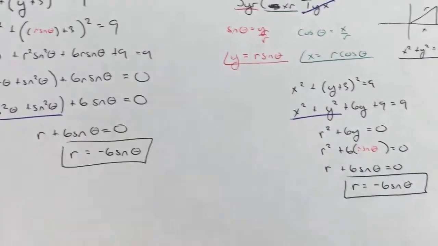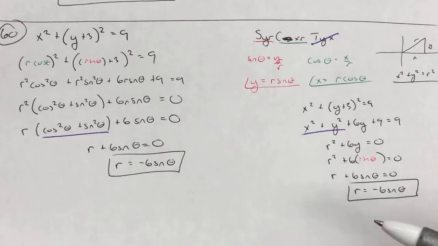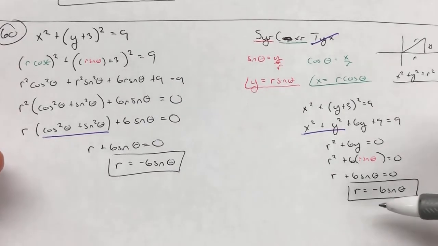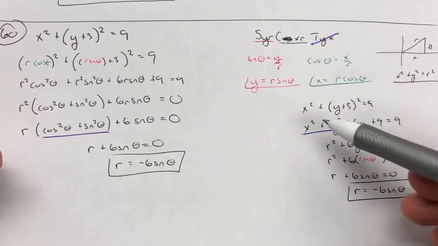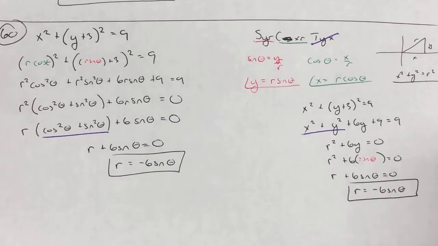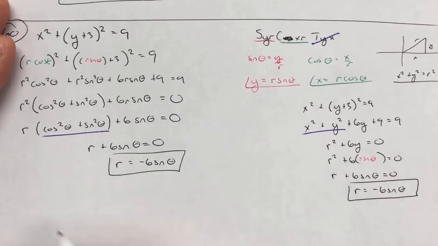No matter which method you use, you get r equals negative 6 sine theta. This is a little more in-depth. This is a little more abbreviated, but you have to spot that you'll eventually create that Pythagorean identity right here. You end up getting the same thing over here, but whichever method you prefer.